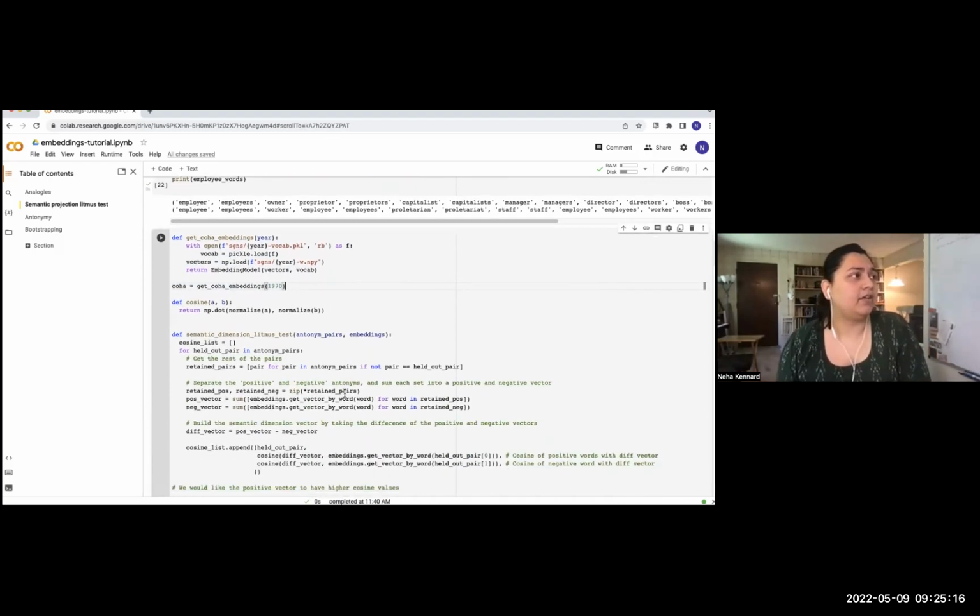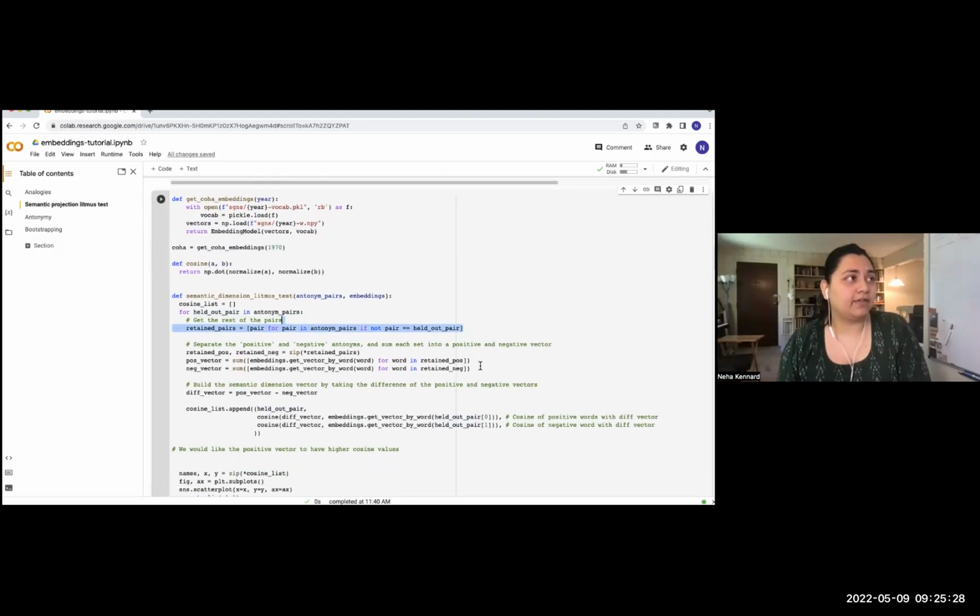Then we go over all the different antonym pairs, which here are those employer-employee pairs, holding out one pair at a time. We grab the rest of the pairs and create a positive vector from the positive antonyms and a negative vector from the negative antonyms, which gives us the main differential vector.